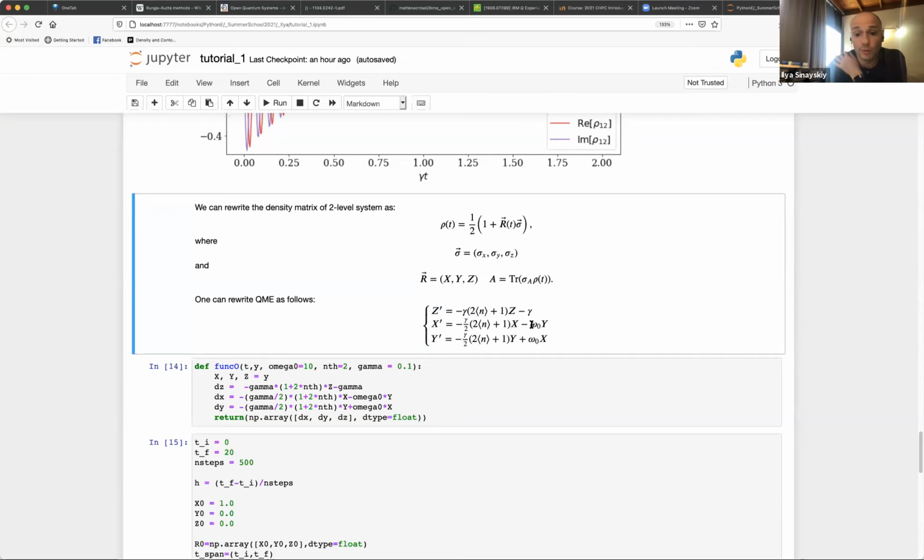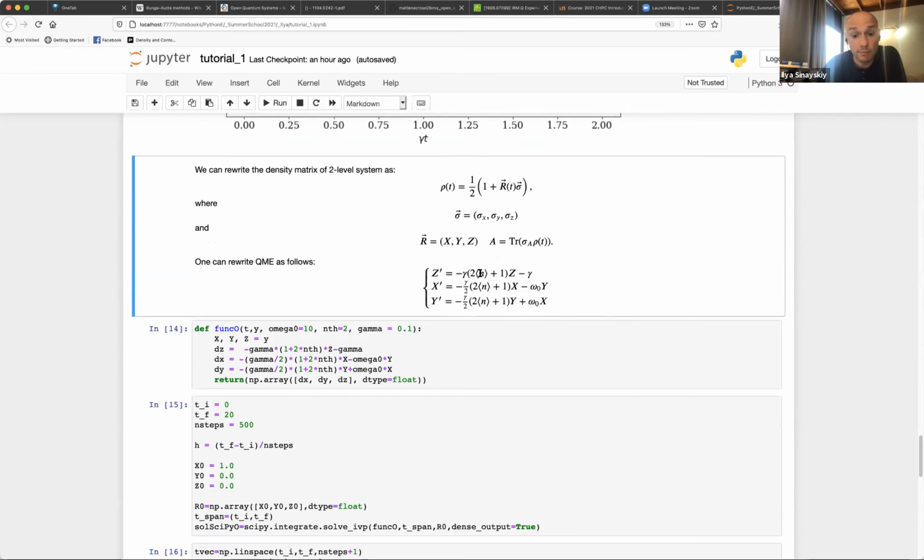Observable z tells you the difference between the population of the excited state minus the population of the ground state. And what we've seen with you in the semigroup generator is that the probability to go down is slightly higher than the probability to go up due to the spontaneous emission coefficient. That little difference is exactly what is responsible for the fact that if we take this equation and equate it to 0, the steady state value of z is going to be negative.